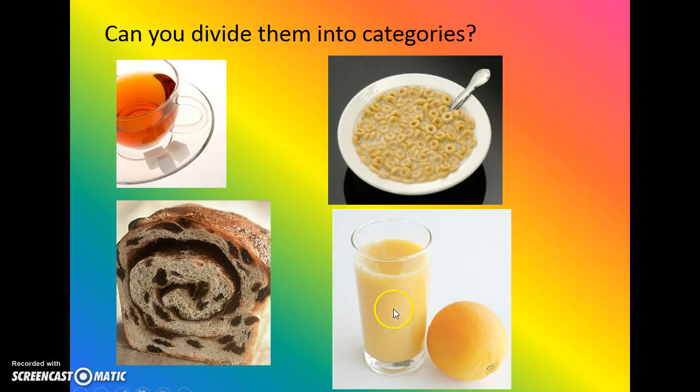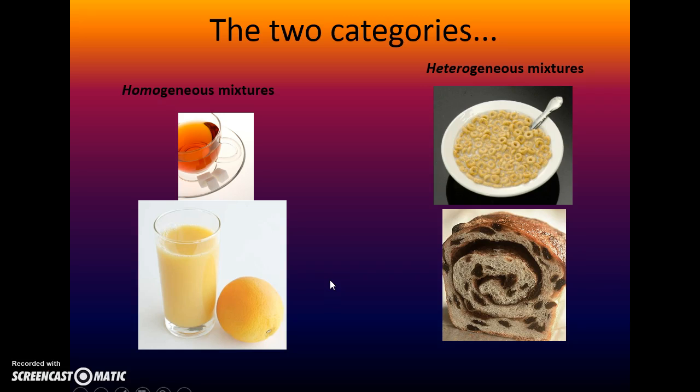In the juice, even though there are many things mixed in, you only really see one phase. And the last one, the raisin bread, you can see all kinds of different solid parts. So the first one, the tea and the orange juice, are in one category, and the raisin bread and cereal are another category. Let's look at them more closely.